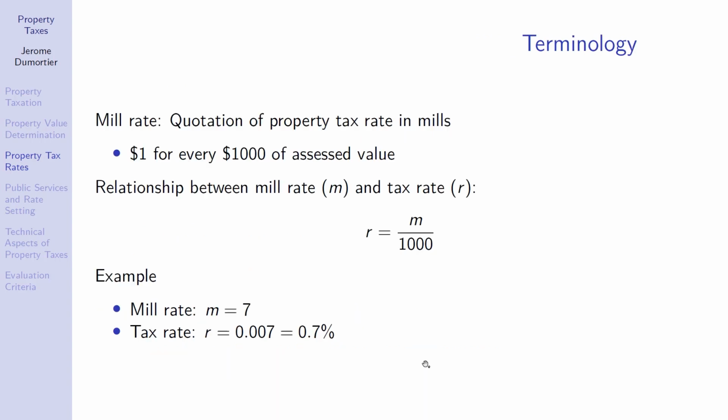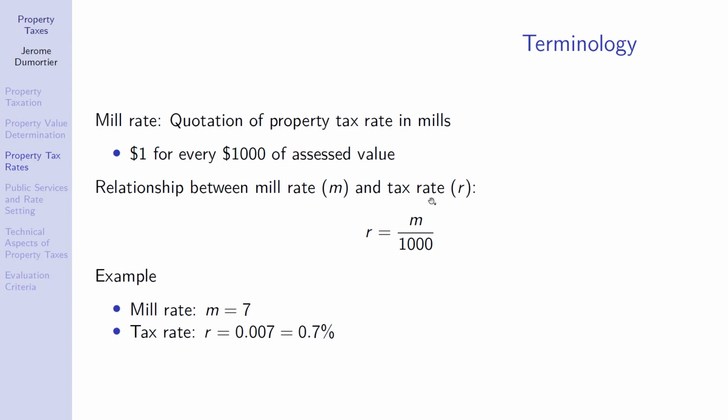So let us do an example here. Before we do the example, let us talk about two additional things, and that would be what is called the mill rate. Very often property taxes are quoted in mills using this so-called mill rate. That would be $1 for every $1,000 of assessed value. So for example, the relationship between the mill rate and a regular tax rate that is expressed in percent would be the mill rate divided by 1,000 would give you the tax rate.